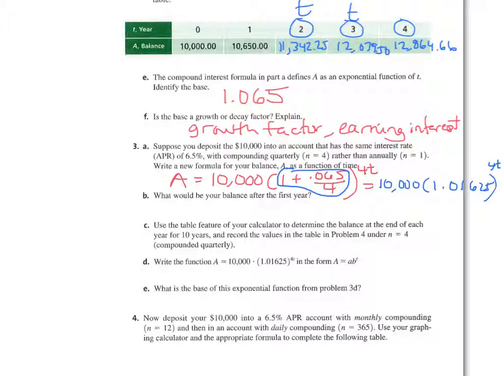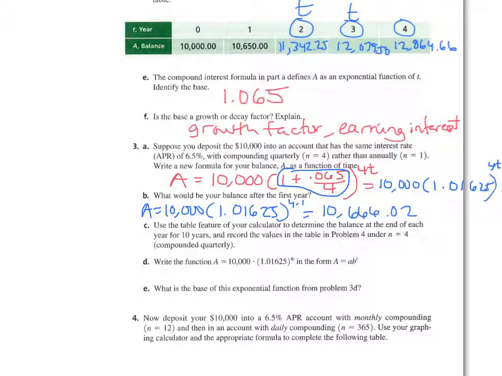Okay, so what would our balance be after the first year? Let's use that. Times 1.01625 to the 4 times 1, which would be $10,666.02.